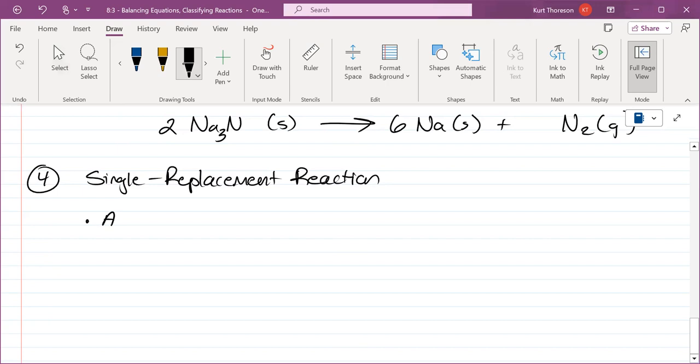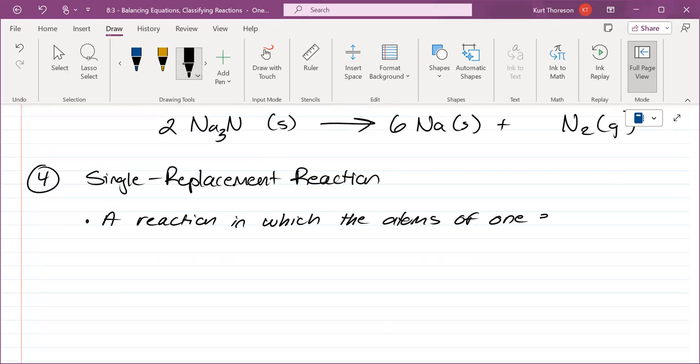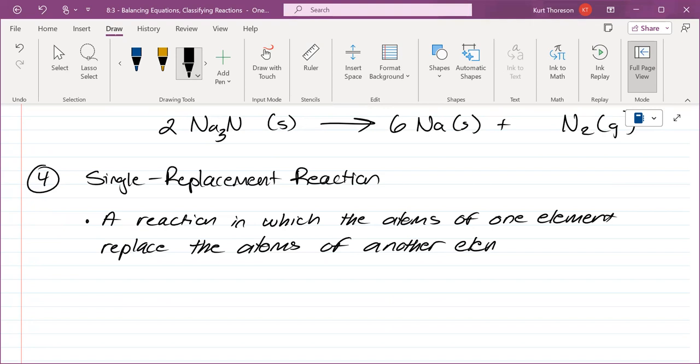This is a reaction in which the atoms of one element replace the atoms of another element.